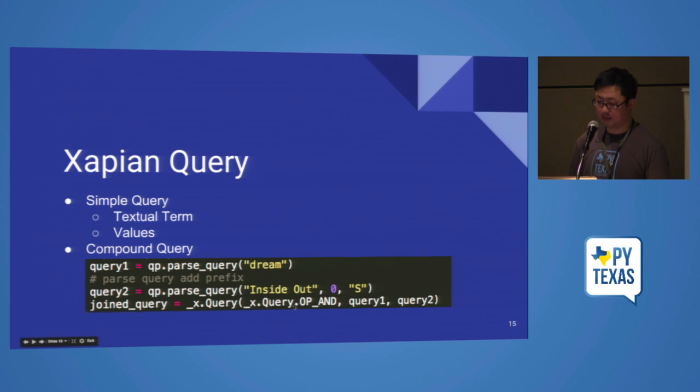We call the query constructor in Xapian, providing the operator and the two queries, and Xapian will produce a compound query for us.